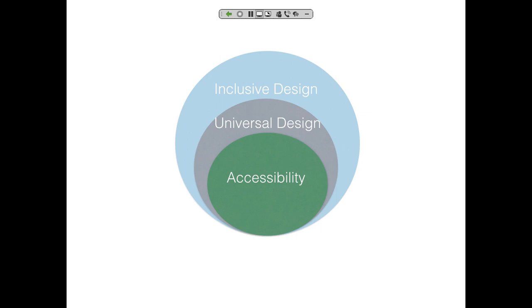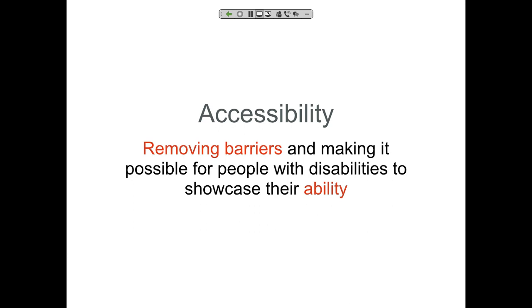But also as we kind of build out from accessibility to inclusive design, we're bringing in more people. So with accessibility, we start with people with disabilities. With inclusive design, it's about all of us, right? So let's take a look at those 3 concepts and then with some examples from the accessibility features.